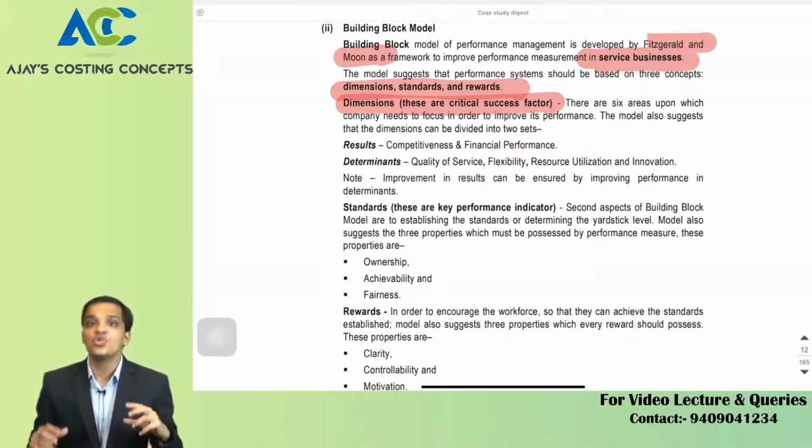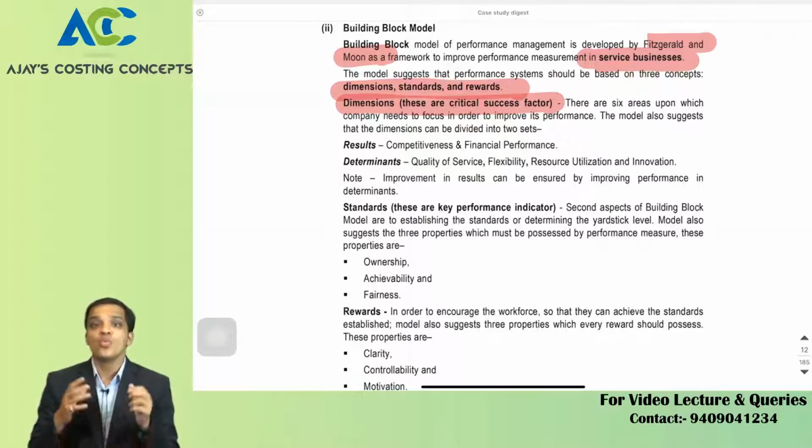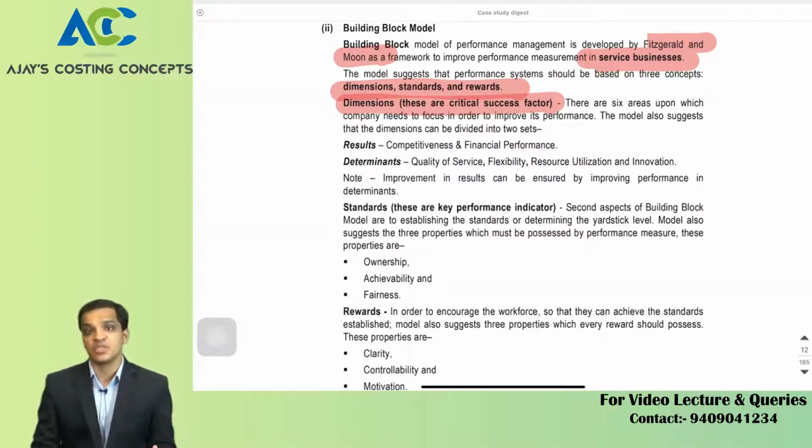Performance with regards to how innovation is to be brought into the world. Performance with regards to how the resources are being utilized. Performance with regards to what flexibility you have for making sure that your customers are satisfied. What is your flexibility when it comes to providing services to the customers? What is the flexibility when it comes to understanding the requirements of the customer?